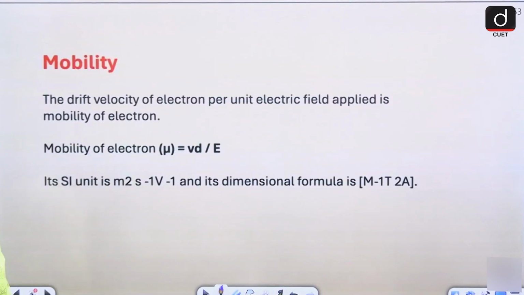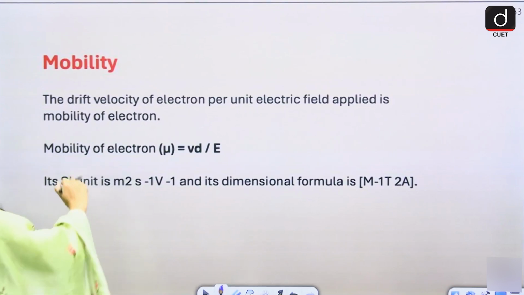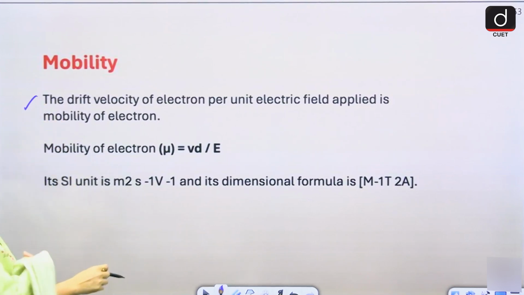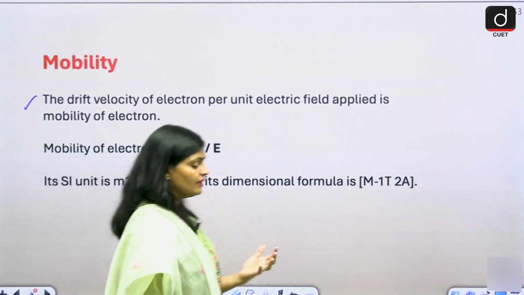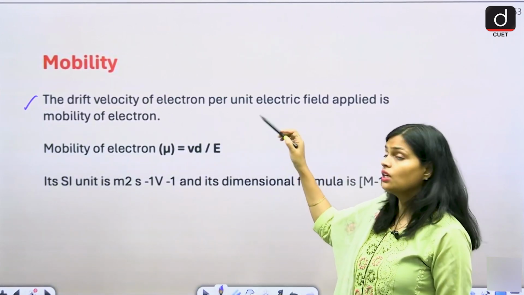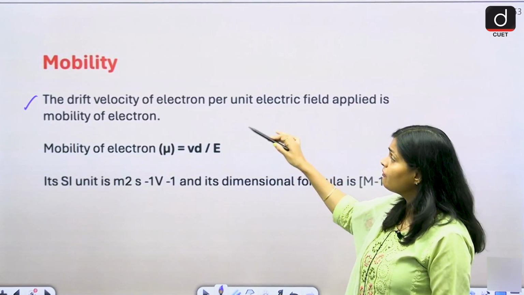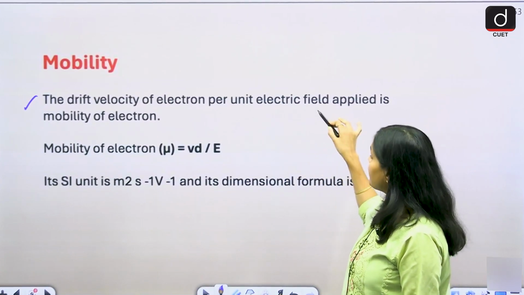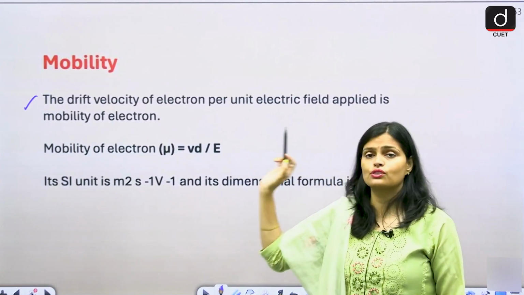Now what is mobility, guys? Mobility is the drift velocity of electron per unit electric field applied, right? The drift velocity of electron per unit electric field applied is called mobility.